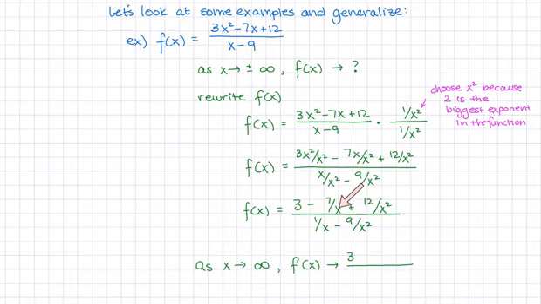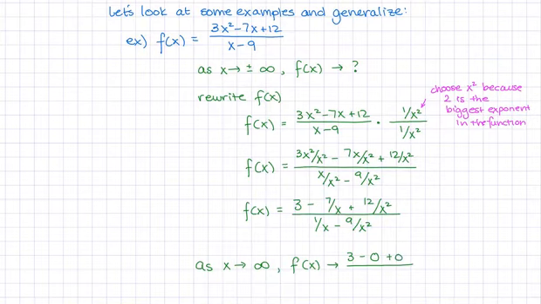The bigger and bigger the denominator gets, the smaller and smaller the fraction's going to get, and it's just going to keep getting closer and closer to 0. So that second fraction approaches 0, and this third fraction, again, has an x squared in the bottom. So as x approaches infinity, this denominator is going to get bigger even faster. But either way, the whole fraction itself is going to get closer to 0.